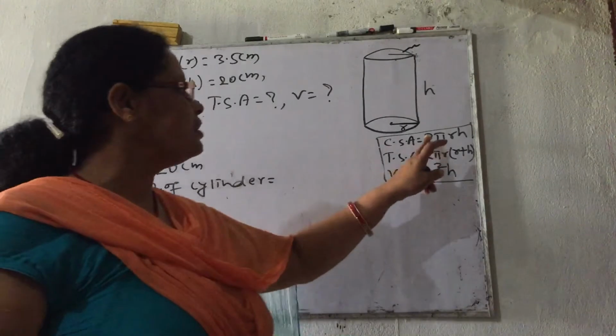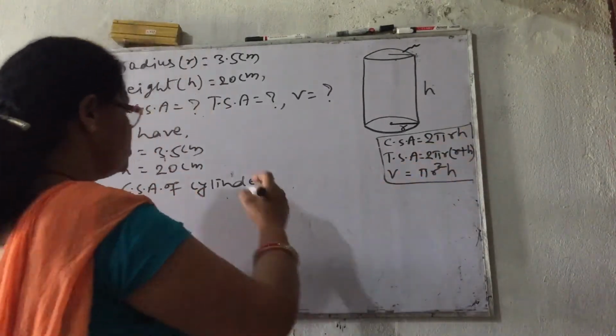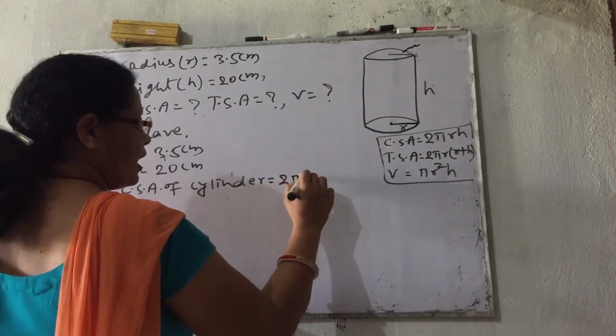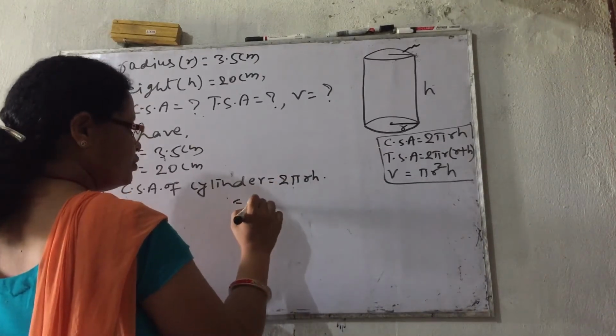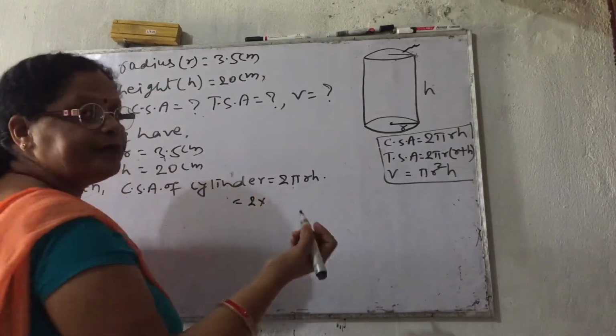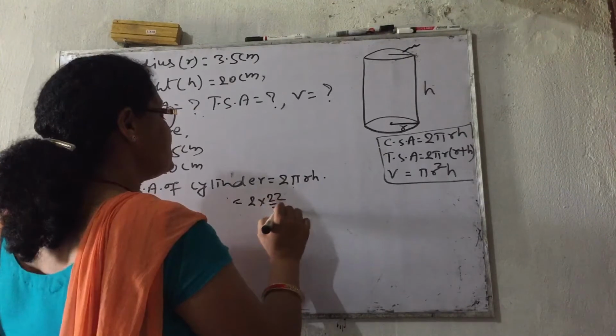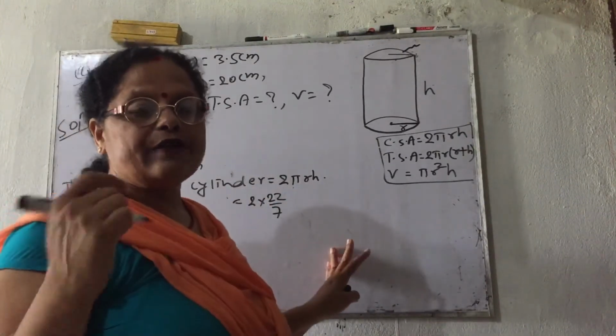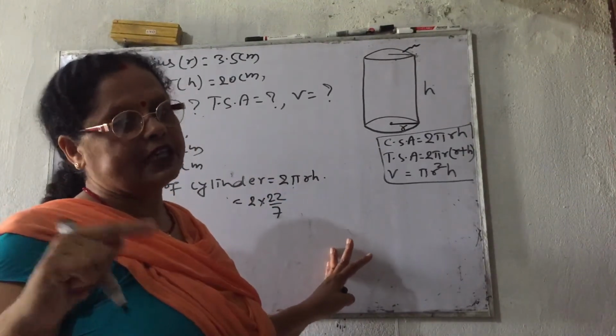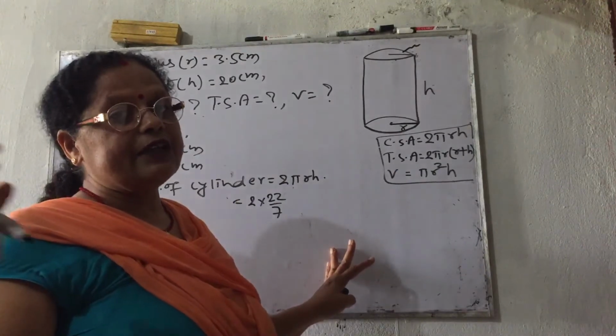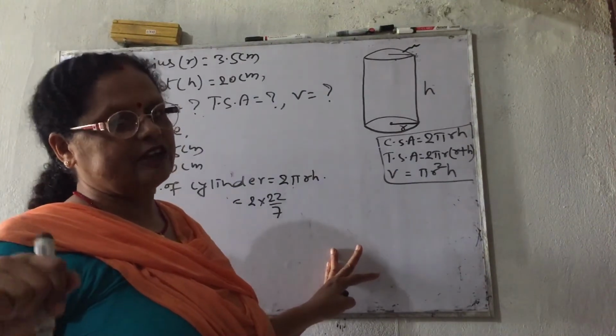CSA of cylinder is 2 pi r h. So 2 pi r h equal to 2 into pi, the value of pi is 22 upon 7. If the value of pi is given as 22 upon 7, then write that, and if it is given as 3.14, then write 3.14.